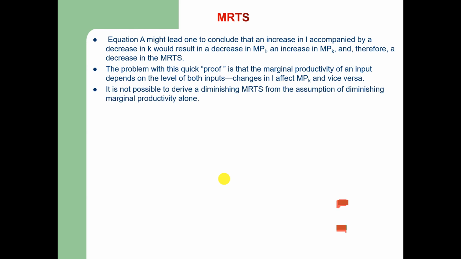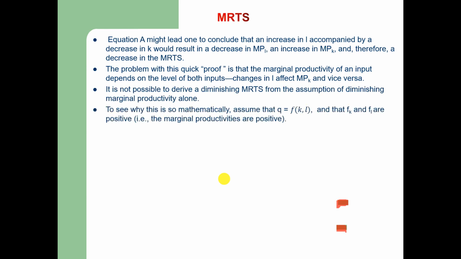It is not possible to derive a diminishing marginal rate of technical substitution from the assumption of diminishing marginal productivity alone. To see why this is so mathematically, let us assume that Q is a function of K and L, and that the marginal productivity of capital and marginal productivity of labor are positive.